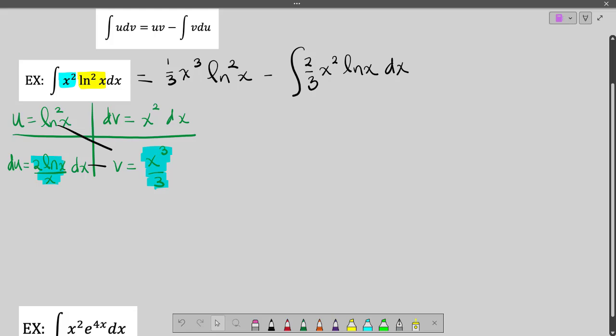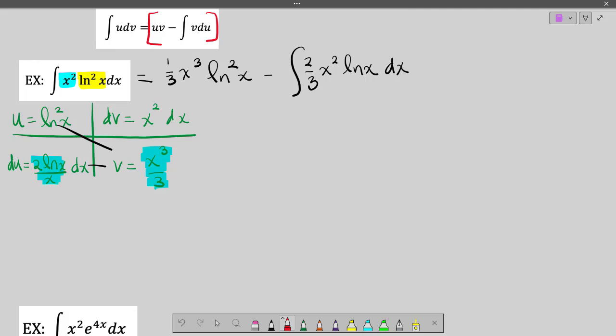If we factored out this constant, we would have a constant sitting in front of all of this, and then you would have to distribute it back in the end. It's super easy to make mistakes when you do that. If you leave the constant in here, it's going to come out in the wash a little bit easier. There'll be less chances of making that distribution mistake. So I'm just going to leave it there.